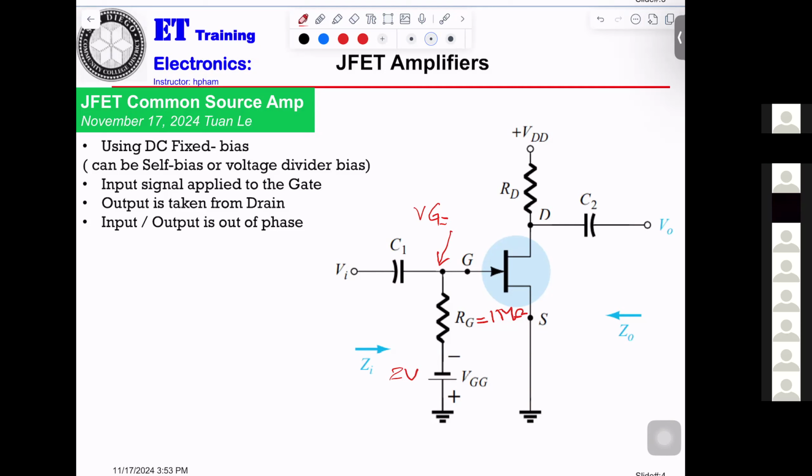Is it 0 volts? What does VG equal? You understand, the current flowing through RG equals 0, right?